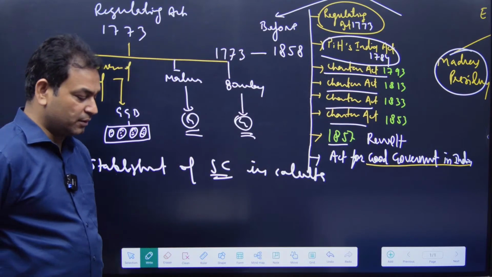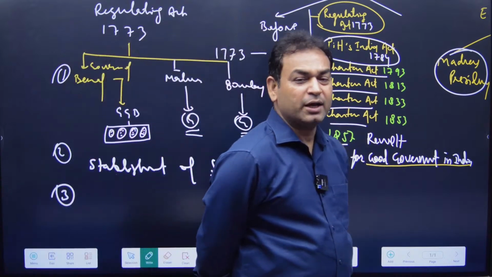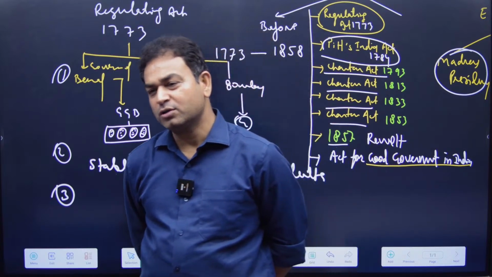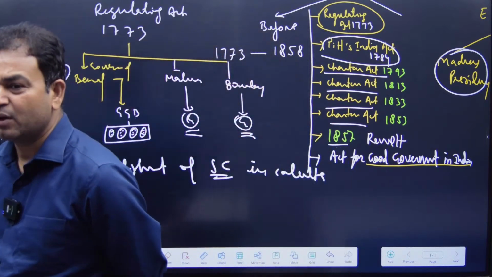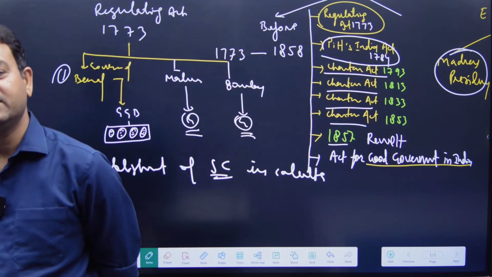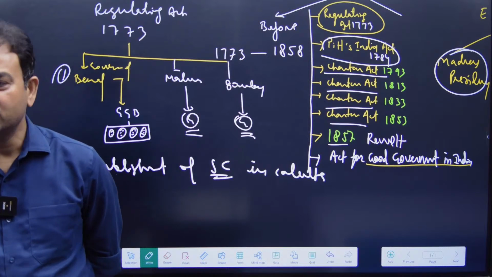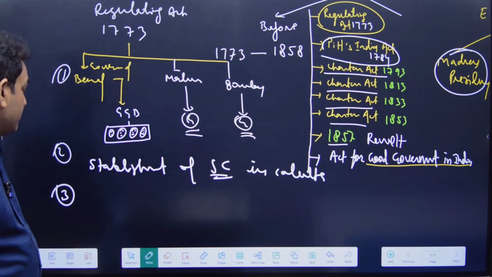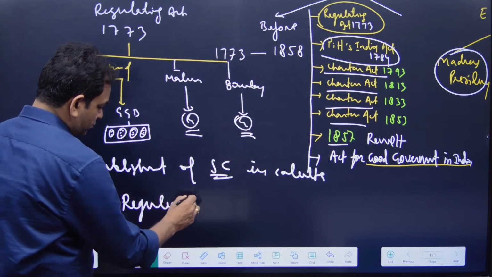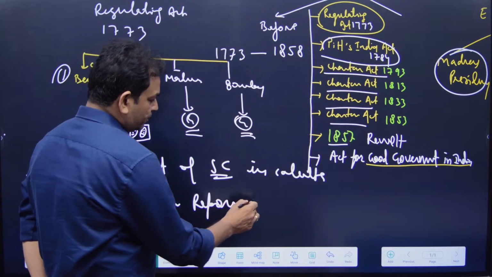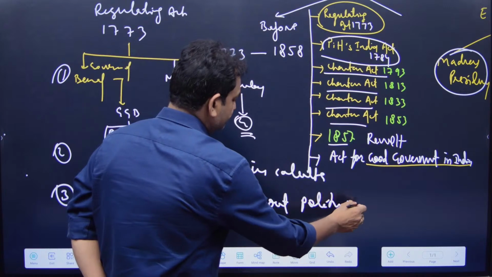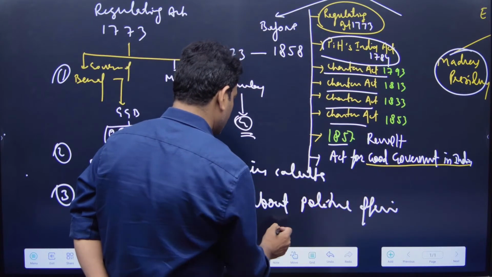Whatever political agreement they made, whatever conflict they faced, what war was fought by the company, what was their income and what were their revenues, every detail was supposed to be given to the British government. A regular report about political affairs and revenue.